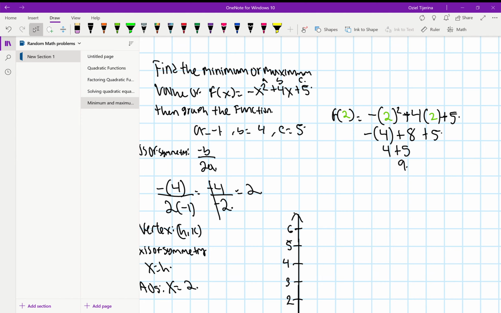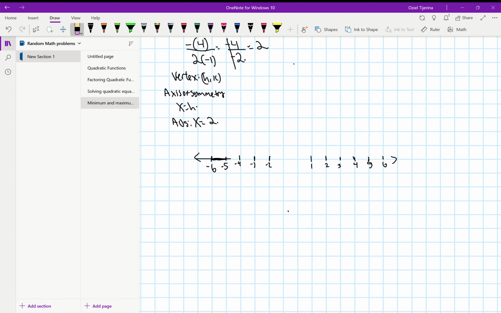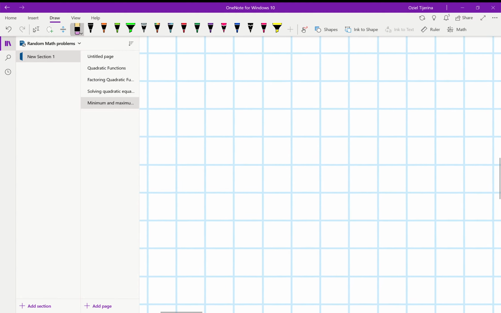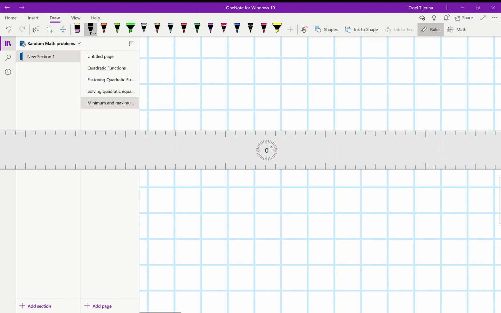Give me 1 second. Oh yeah, it's supposed to be more than, sorry. Give me 1 second, you guys. So I'm going to try to make this graph again.